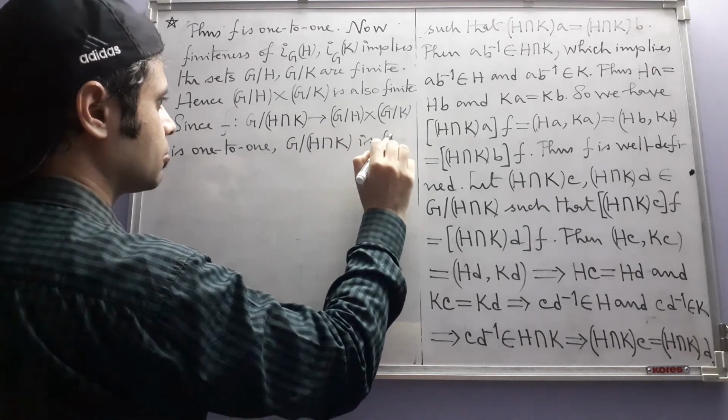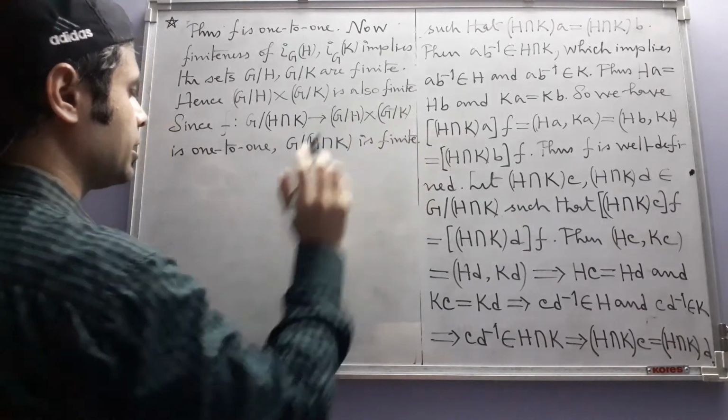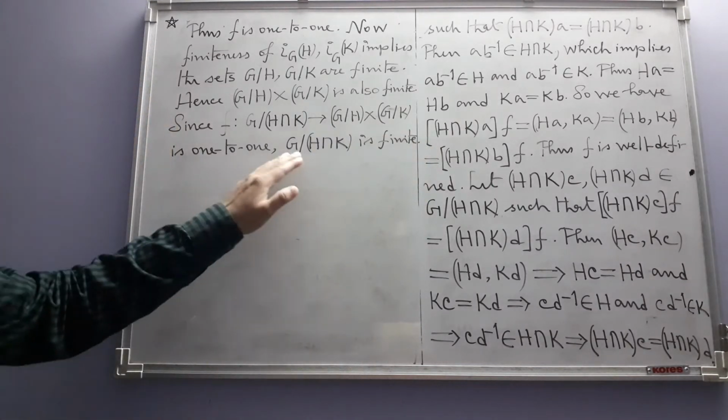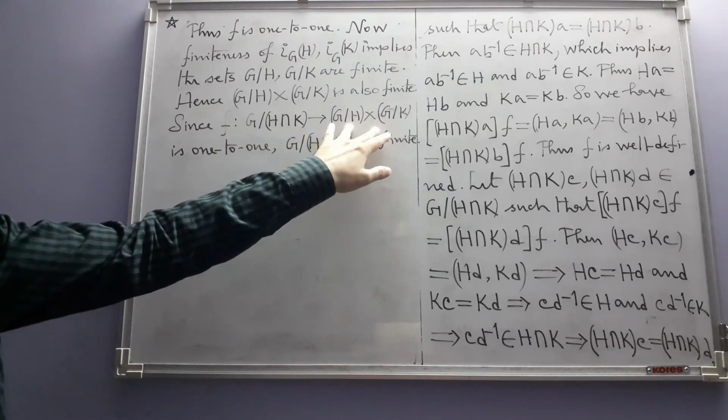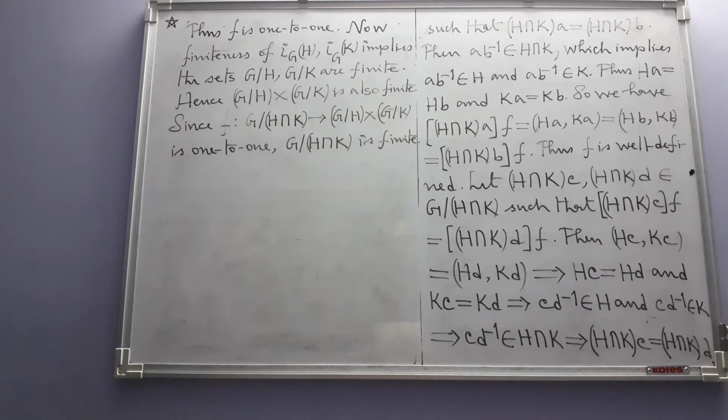So the domain is finite. Okay, how are we concluding finiteness of the domain from the finiteness of this set and one-to-oneness of f?